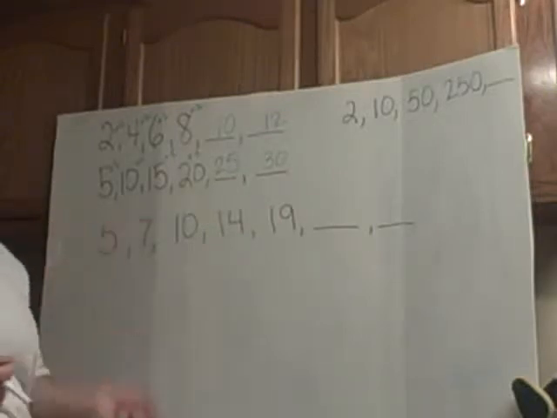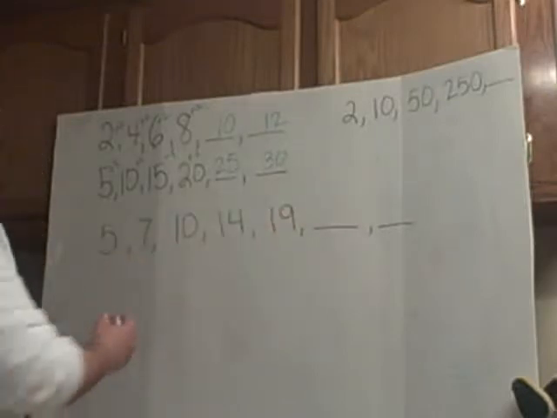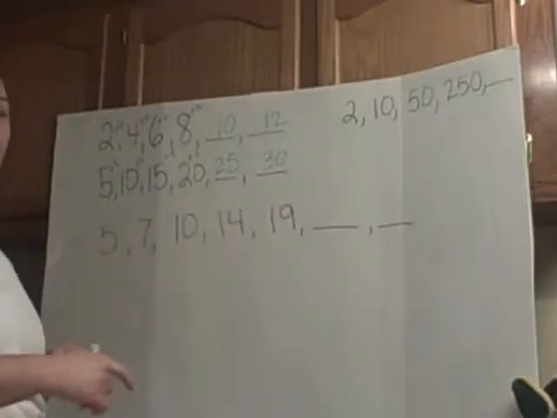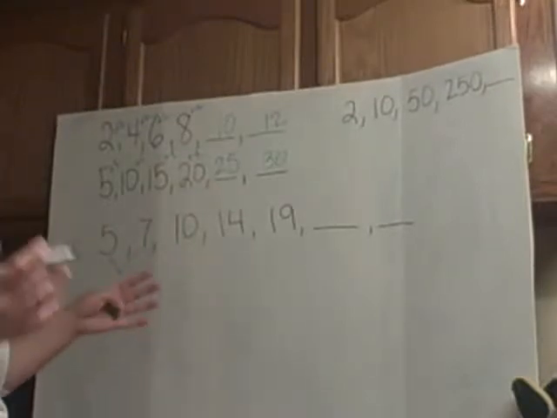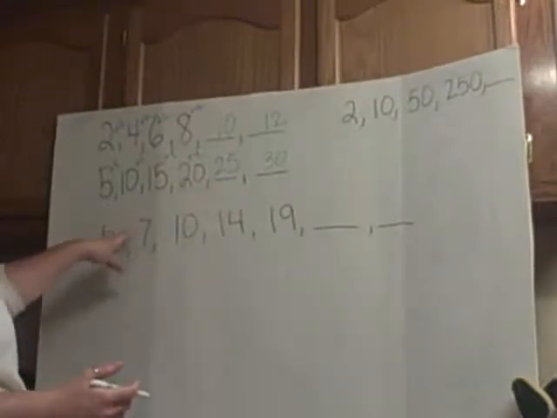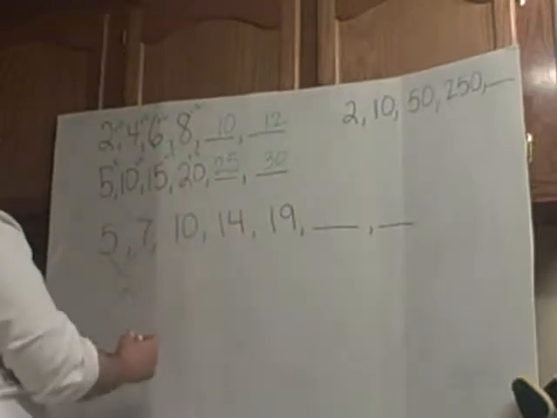If you're presented with a sequence where you don't know how to find the next two numbers, and you can't see a pattern in the numbers, then look at the differences between each of the numbers. The difference between 5 and 7: I subtract those two to get 2.